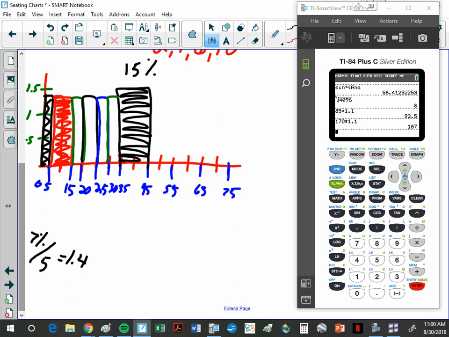It's 14 divided by 10, which is 1.4. And you can see this block is equal to this block. And those blocks are twice as big as the narrower blocks. They have the same height, but they contain twice as many people because they're twice as wide. All right? And then what about the 55 to 65?